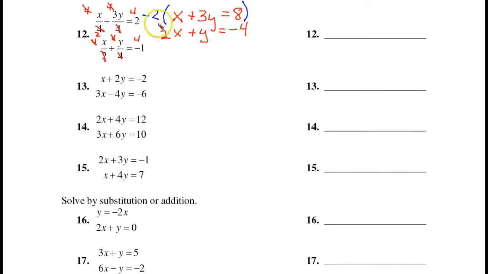Because now, and I'm going to write this one under this new one, I get a negative 2x. I have something that will cancel out. This is a negative 2 times this is a negative 6y. Now a negative 2 times 8 is a negative 16.